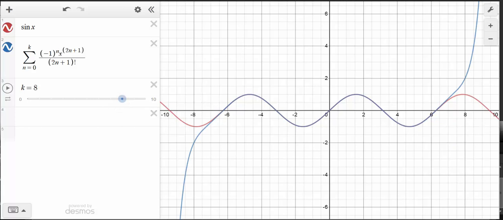So if you just look between -6 and 6, we have a pretty good match already, and we've just gone from n equals 0 to n equals 8, that summation. And you can see, we could go on and on. But as we add more terms, we get a better and better fit. And in fact, if k is infinity, if we let the number of terms go to infinity, then this Maclaurin series expansion is the same as the sine.